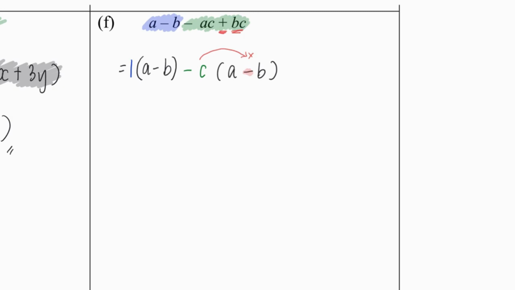But why does Mr. Tan do that? To allow Mr. Tan to see very visually, very clearly that a minus b is the common factor. And I will have 1 minus c.